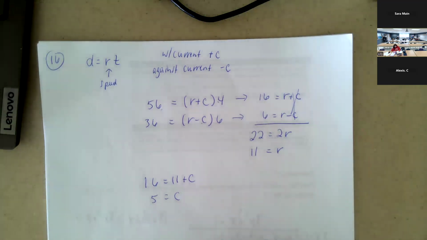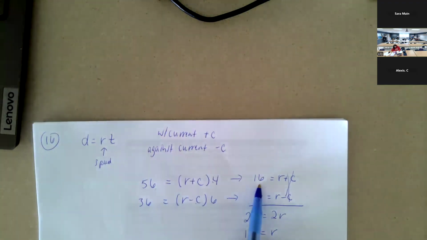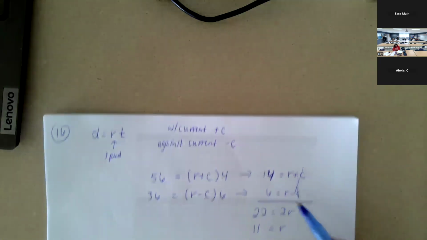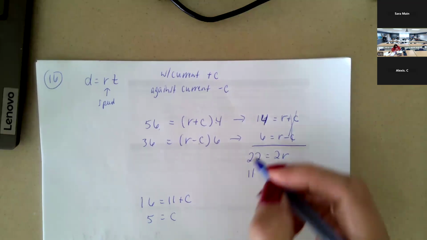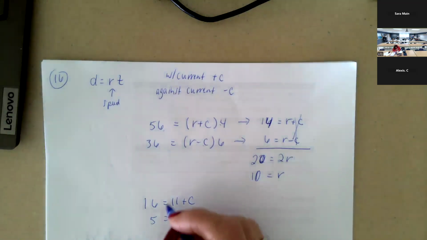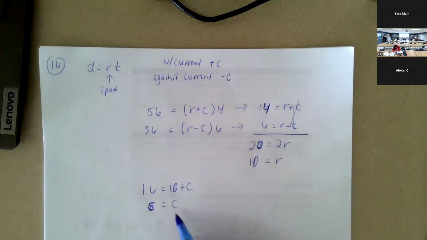And, oh, wait. This should have been 14. Sorry about that. That should have been 14. So this should have been 20. And this should have been 10. So the current should be 6.